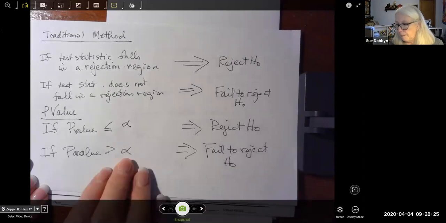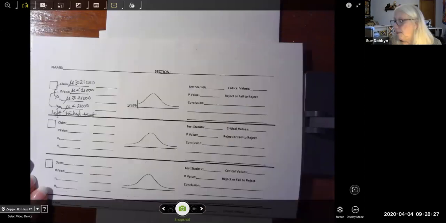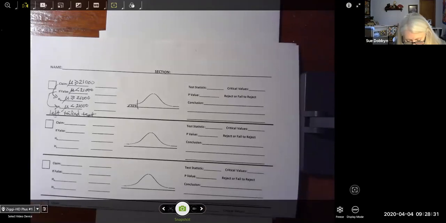Okay, so back to this problem. Here's what the data says. You took a random sample of 14 used cars and found that they had a mean price of $19,189 with a standard deviation of $2,950. So I'm going to write all that down.